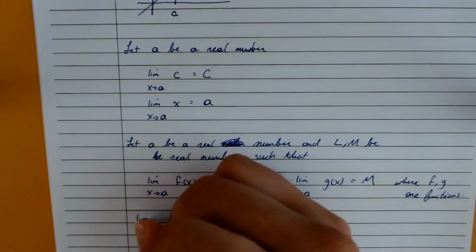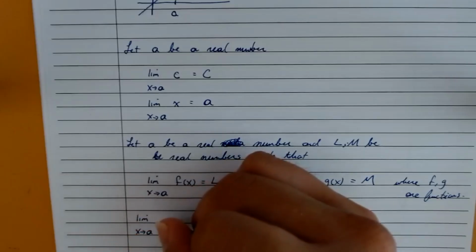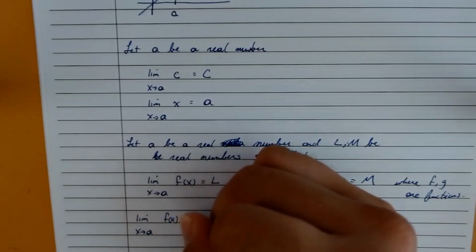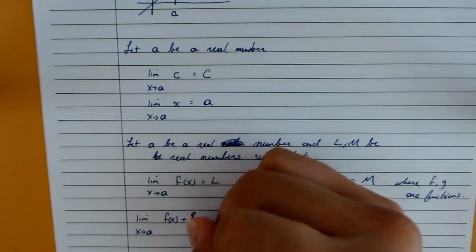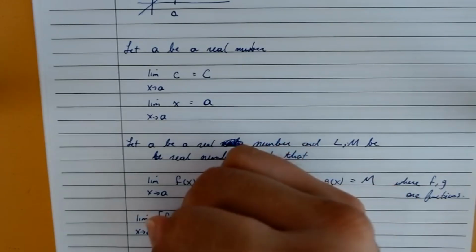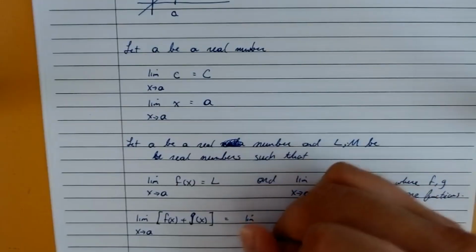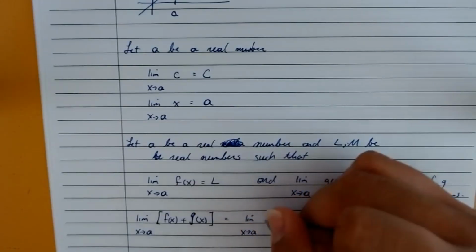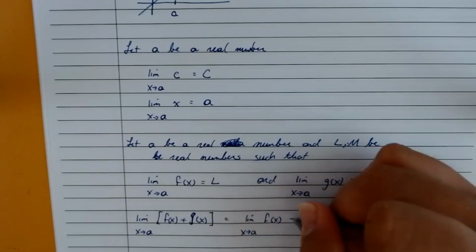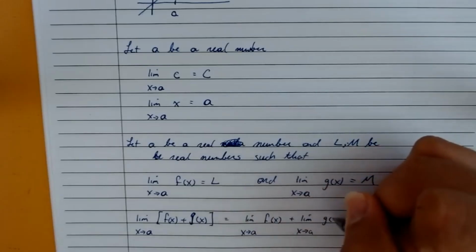If I take the limit as x approaches a of a new function that I make by adding together the two old functions f and g, that's equal to the limit as x approaches a of f of x plus the limit as x approaches a of g of x.